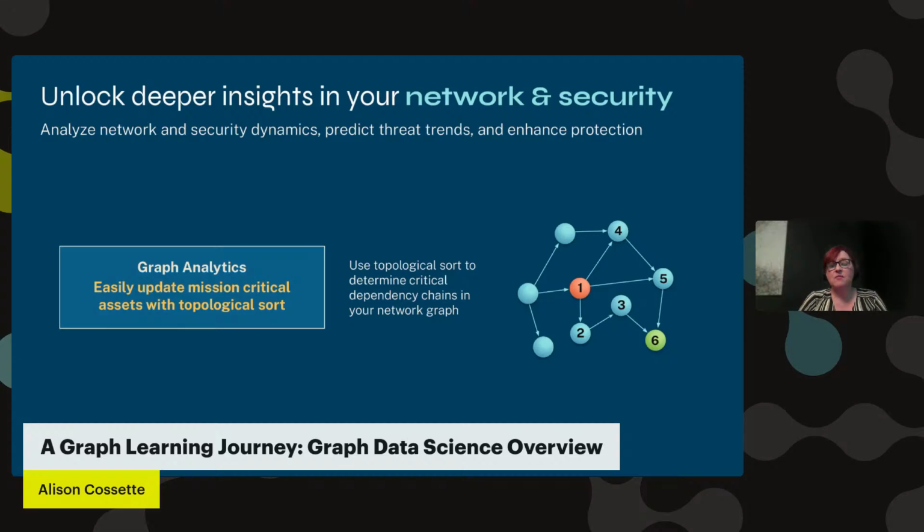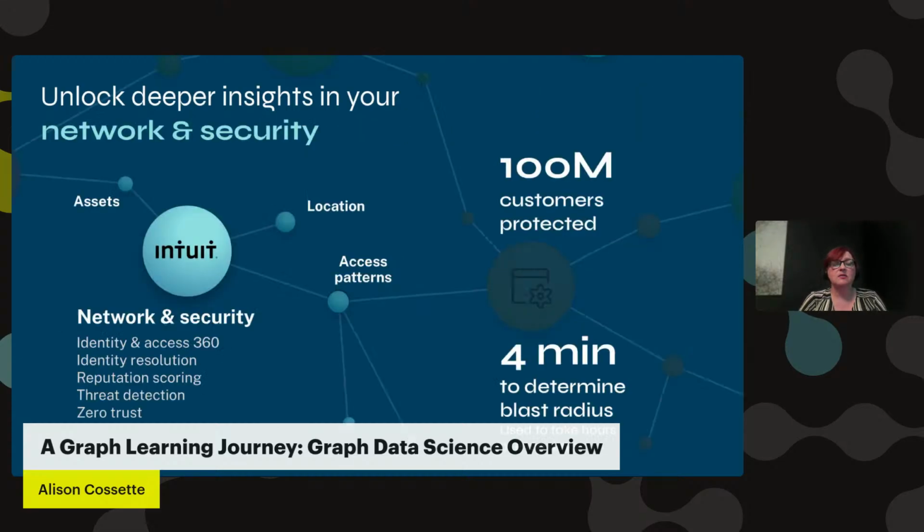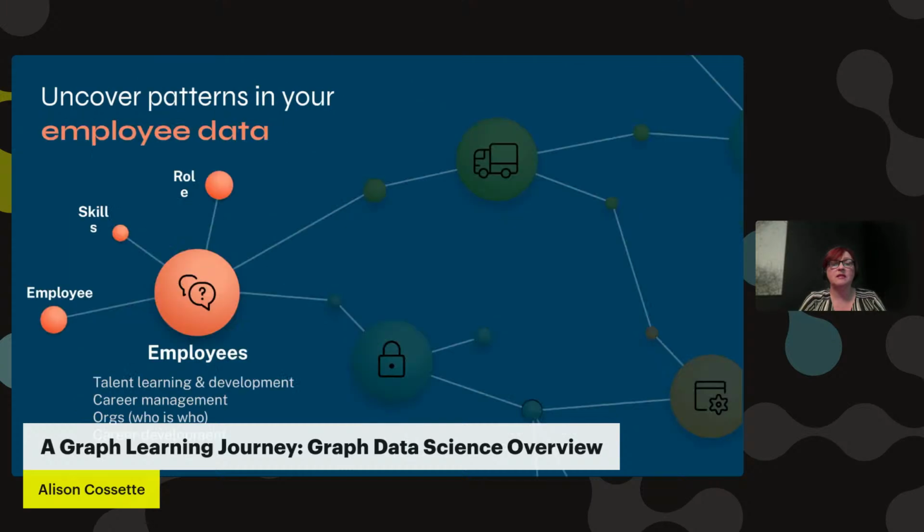An example of that in practice is Intuit, who used Neo4j. They have 100 million customers protected. They have 4 minutes to determine a blast radius. So if something happens, they know within 4 minutes exactly how far it's going to go and exactly what that blast radius is. Again, there's so much that can be done in a variety of places within the business.